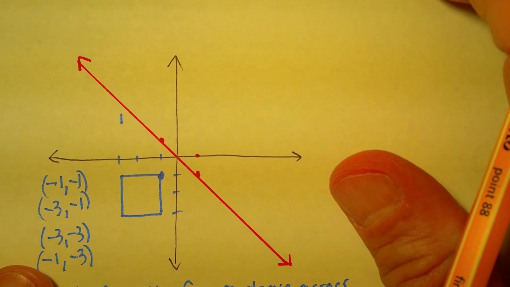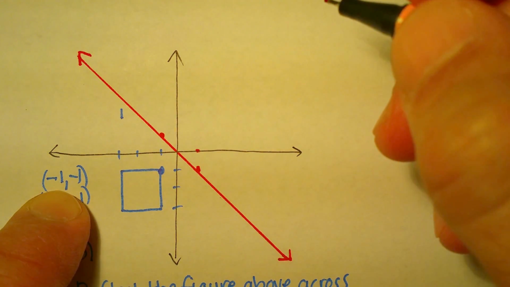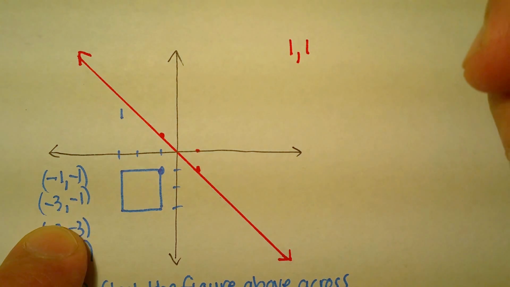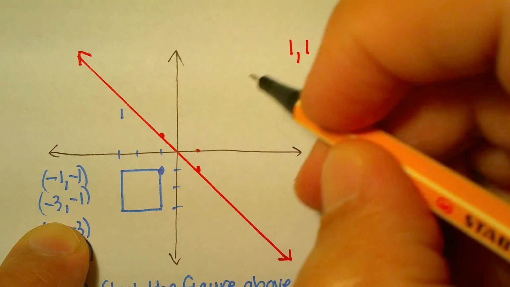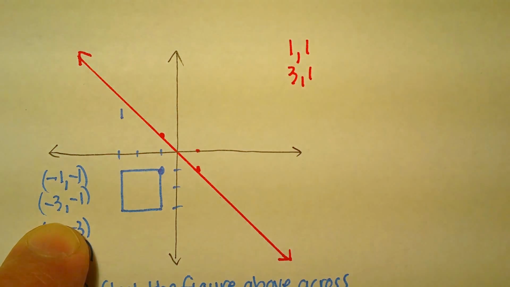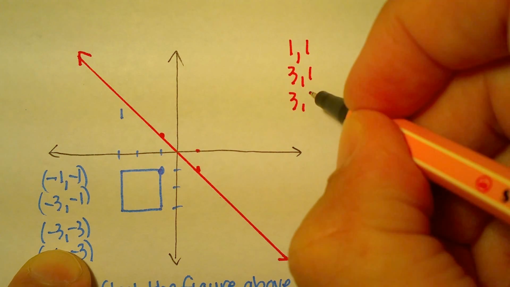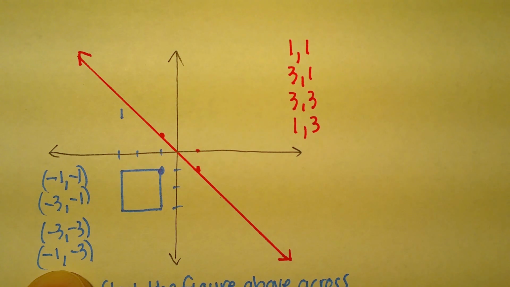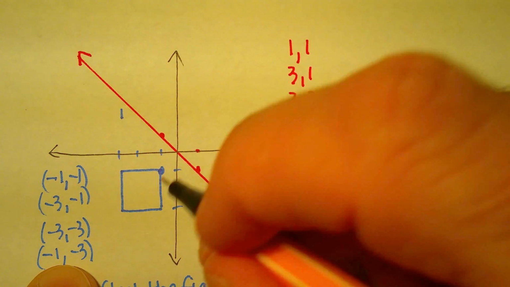So let's just see what those coordinates would be. Instead of negative 1, negative 1, it'll be positive 1, positive 1. Instead of negative, negative, it'll be positive, positive, for all of them.